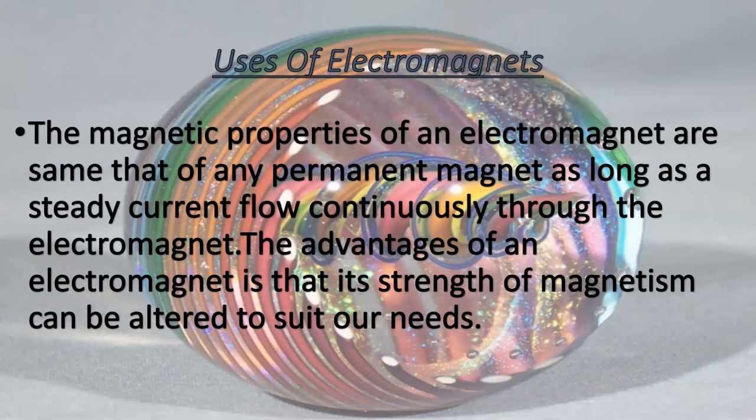When an electric current flows through the coil, it becomes a magnet. However, when the current stops flowing through the coil, the electromagnet loses its magnetism. This can be increased, and in the last lecture I told you that an electromagnet can be made stronger by increasing the current in the coil.